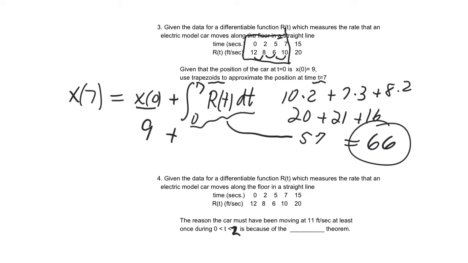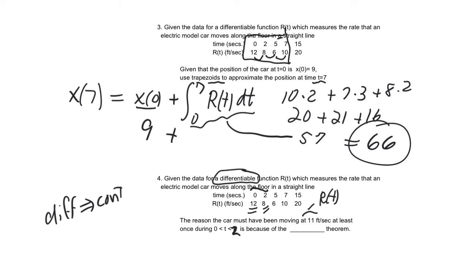In this next problem, they're asking us, why do we know that r of t has to equal 11 at some point between 0 and 2? Well, we notice that the r value is 12 initially, and then it ends up being 8 eventually. Because r is a differentiable function, that basically implies that it must be continuous.